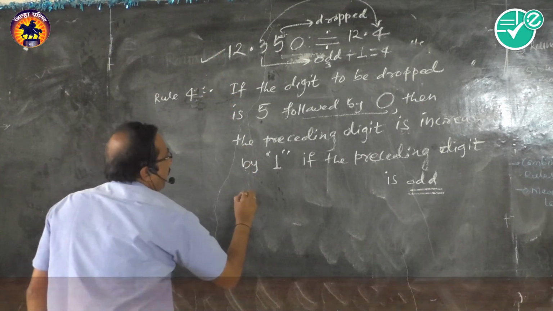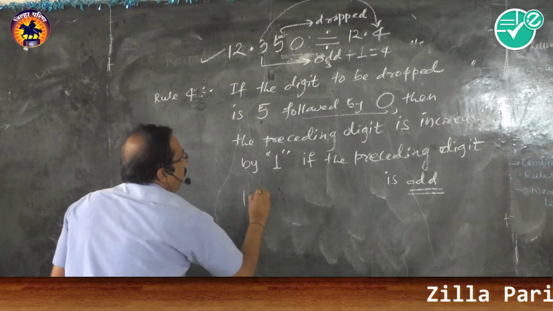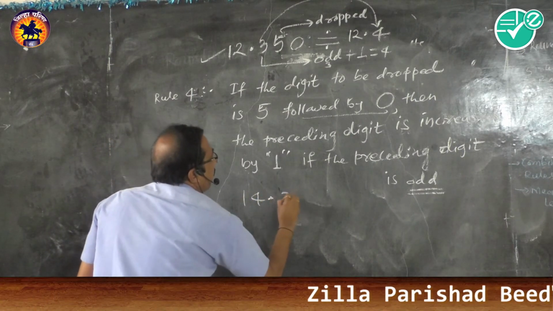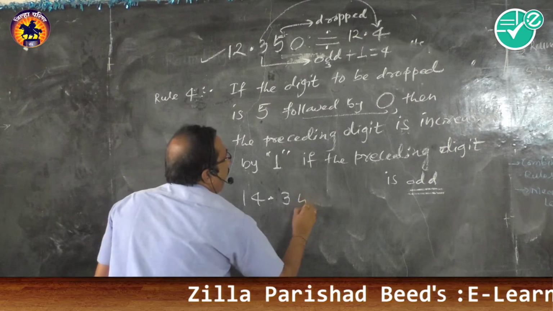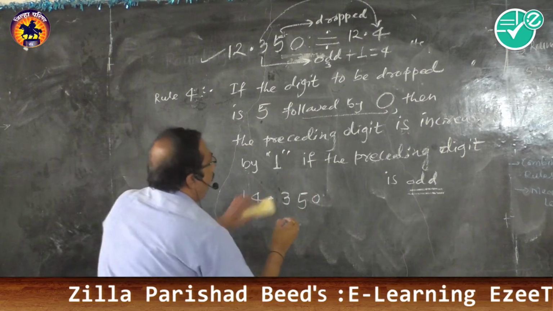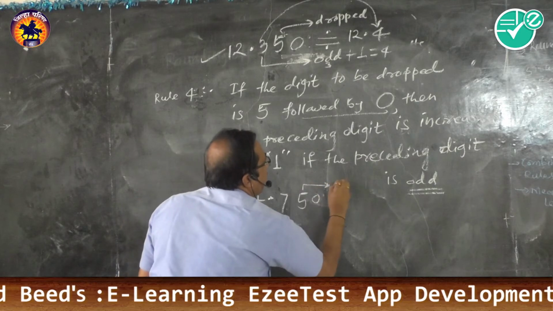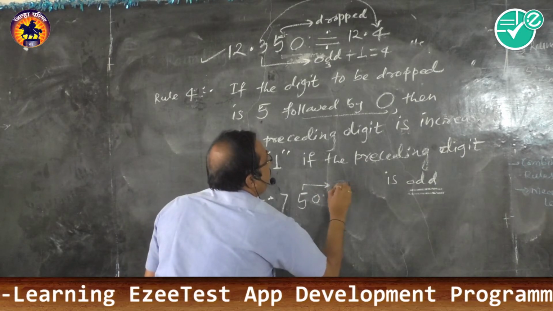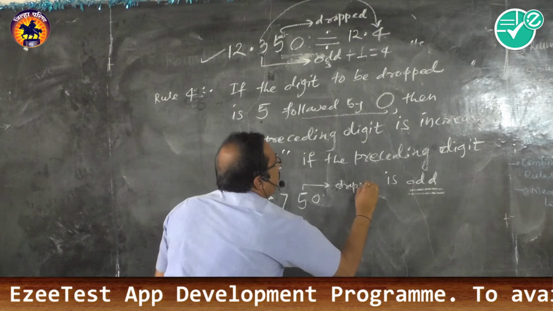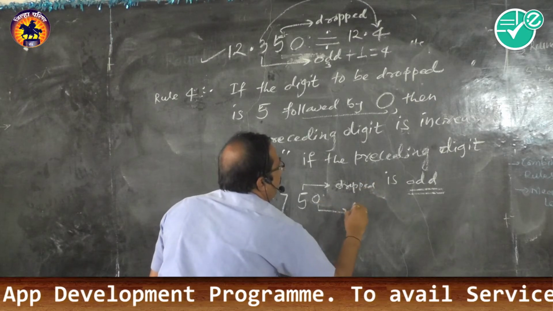Any other example we can take? Suppose 14.750. So this is the 5 to be discarded. 5 is discarded or dropped. 5 is followed by 0, isn't it?